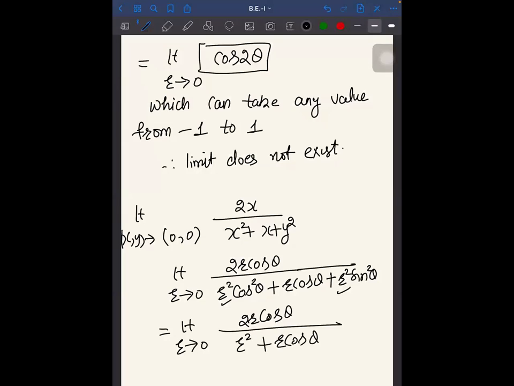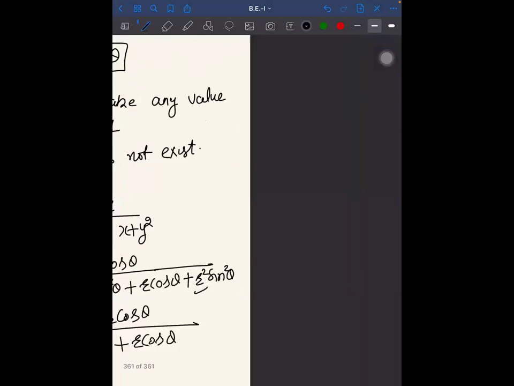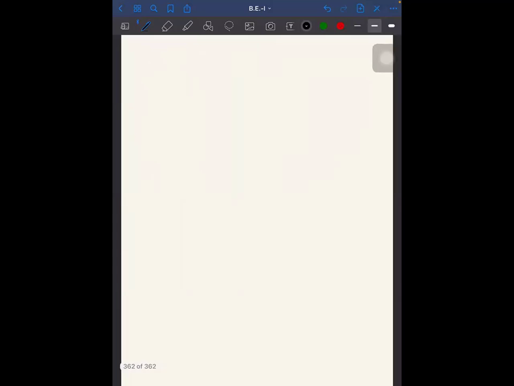So now if you cancel the r from the expression, then this will become limit r goes to 0, 2 cos θ upon r plus cos θ.